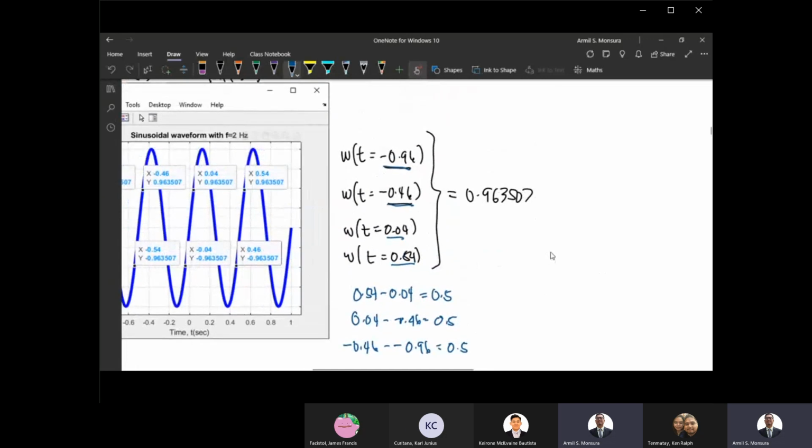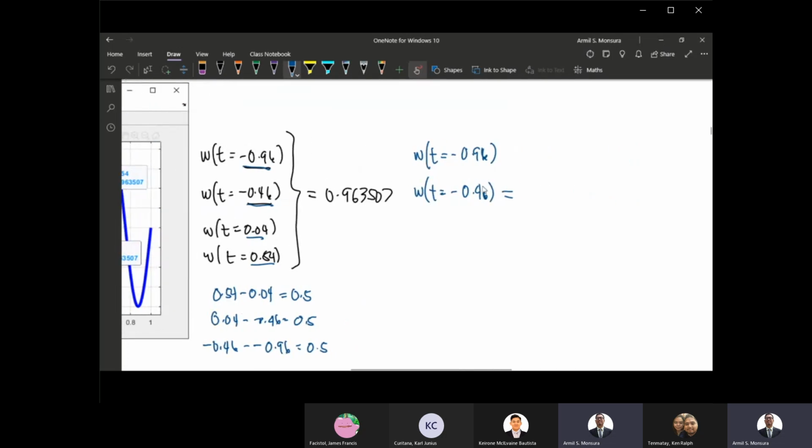Ang point ko is ganito. If we are to start with writing the value for t equals negative 0.96, itong w of negative 0.46 can be similarly written as w of t plus 0.5.